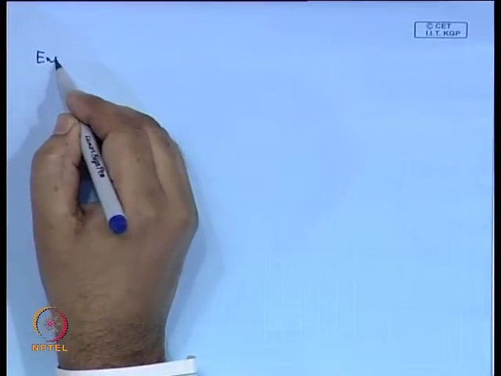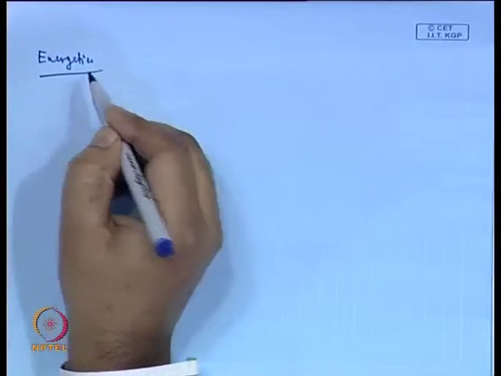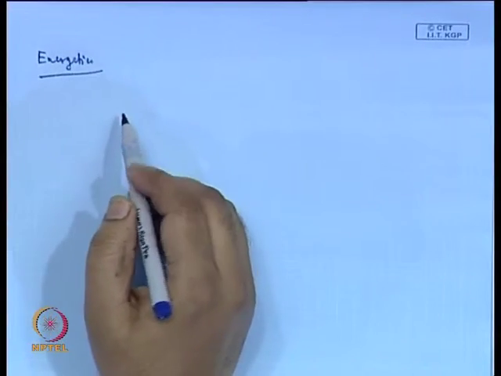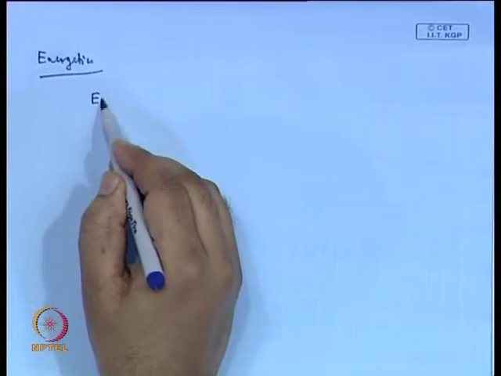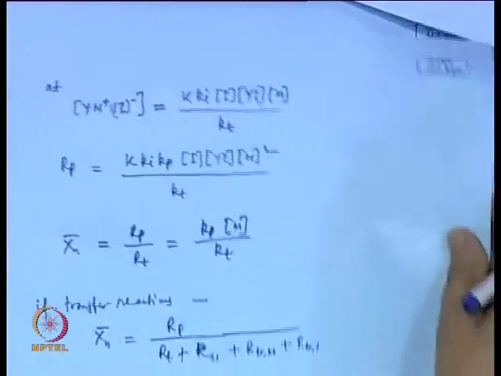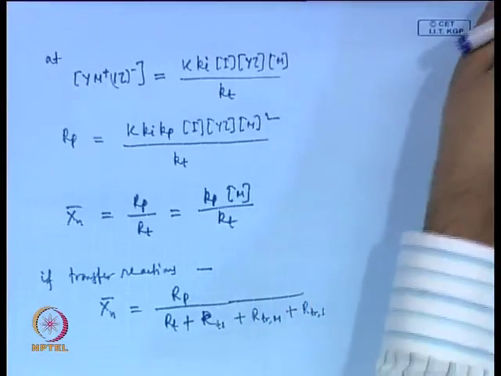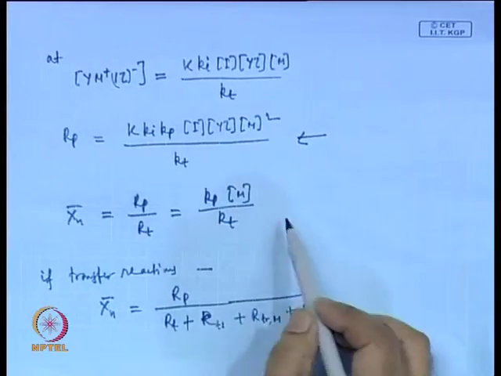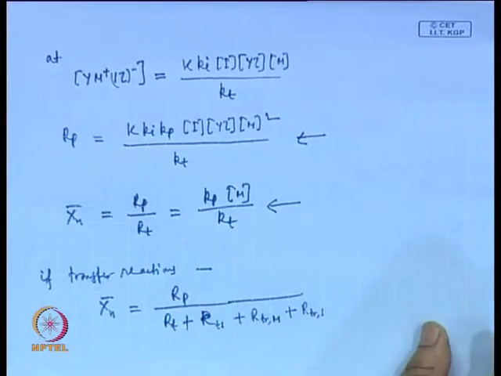So, let us talk about the energetics, which means the effect of temperature on the reaction rate and molecular weight. Like in case of radical polymerization, if you just recollect, this is the expression for Rp, the rate of polymerization, and this is the expression for the average degree of polymerization.